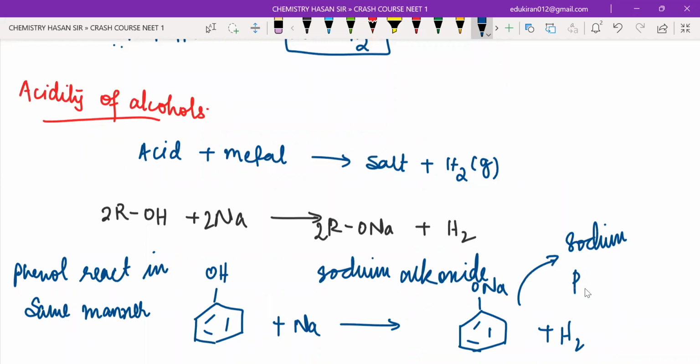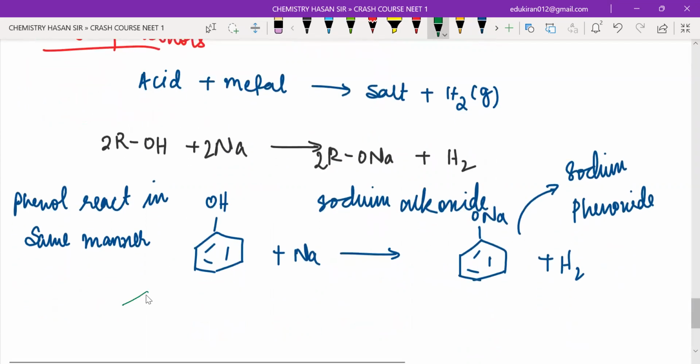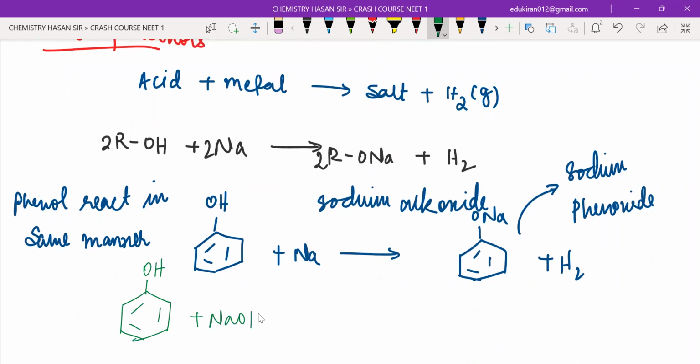Now, if you are going to react this phenol with a base, that is NaOH, you know what happens when acid and base react, then salt plus water is formed. So this will be the salt.